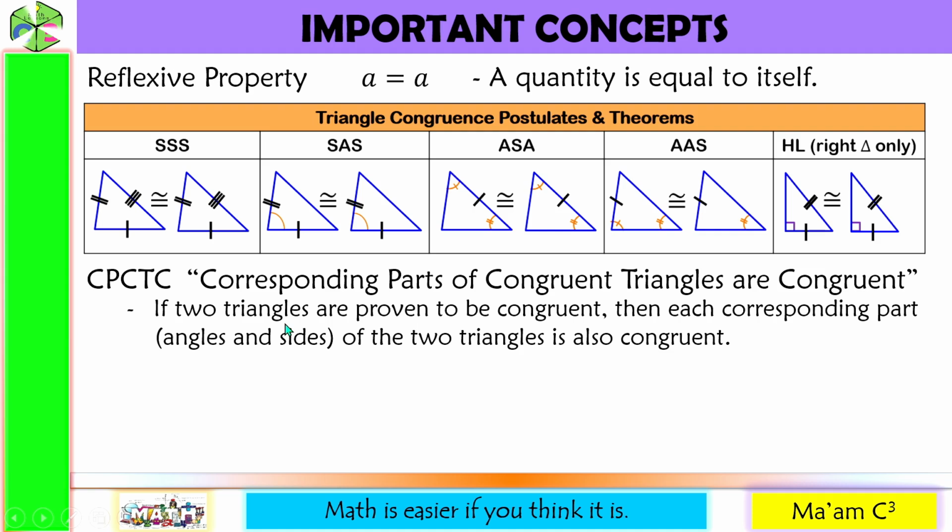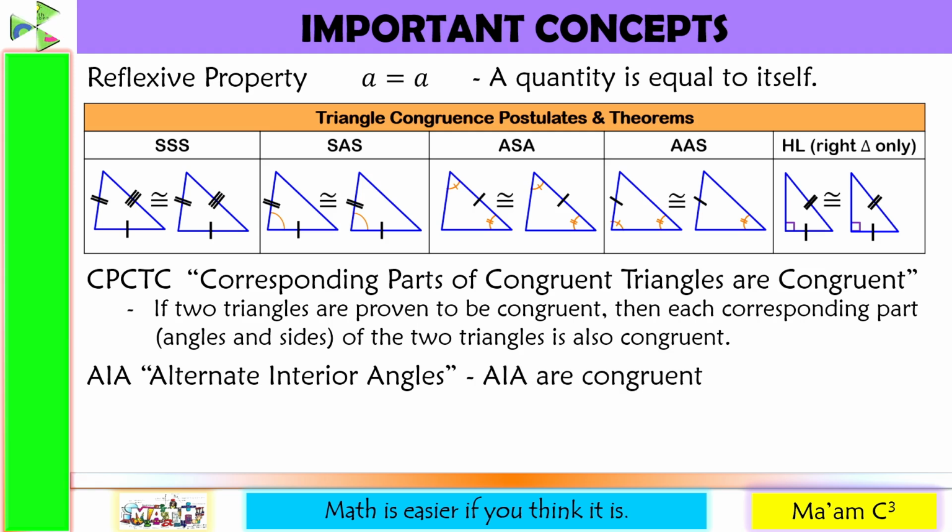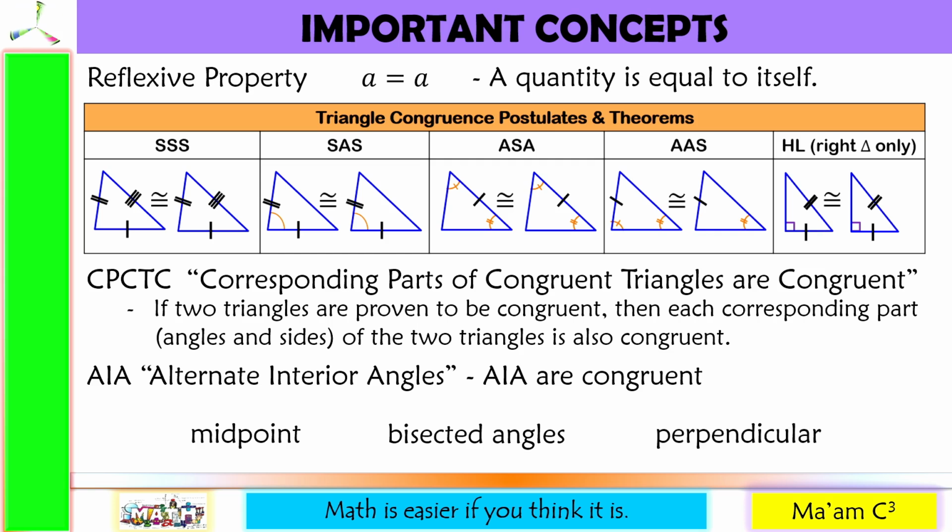We also have AIA, which means alternate interior angles. And we have learned from our lesson on transversals that alternate interior angles are congruent. We will also encounter words such as bisected angles, midpoint, perpendicular, among others.